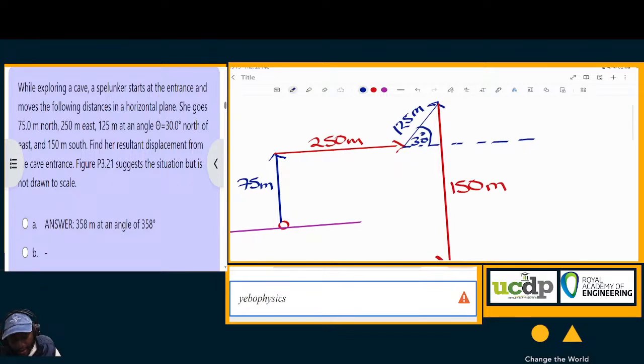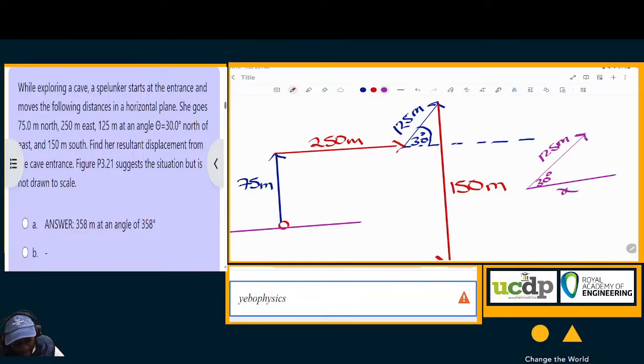So we need the component of this vector in the horizontal direction. So we've got this 125 meters at an angle of 30 degrees. We need to find the horizontal component, which in this case I'll just call x.